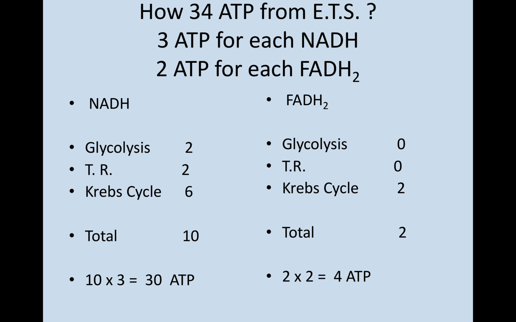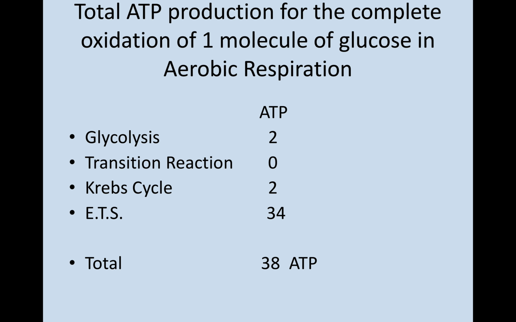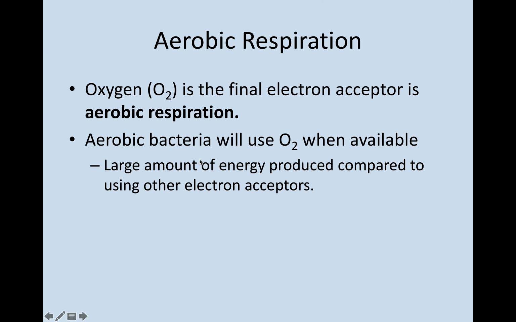This is aerobic respiration. Aerobic respiration, again, oxygen is used as a terminal electron acceptor. We're going to get the most amount of ATP yield when we have oxygen as the electron acceptor.